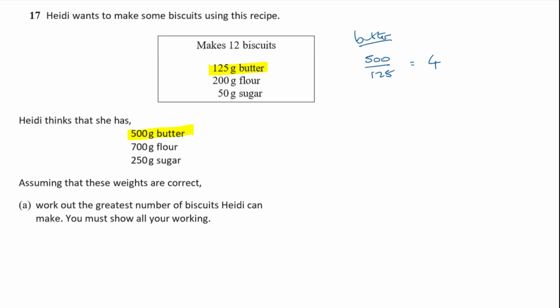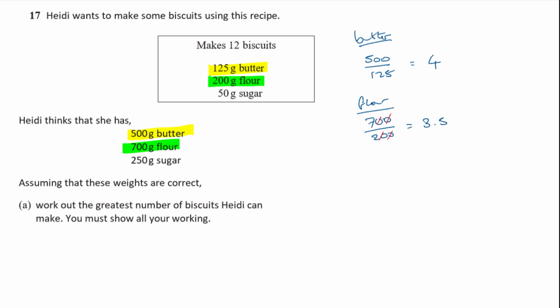Okay, for the flour, she's got 700 grams and she requires 200 grams. Okay, so how many lots of that recipe can she make with 700 grams? 700 divided by 200, so just cancel all those zeros off. 2's into 7 go 3 times remainder 1, so it's actually 3.5, isn't it?